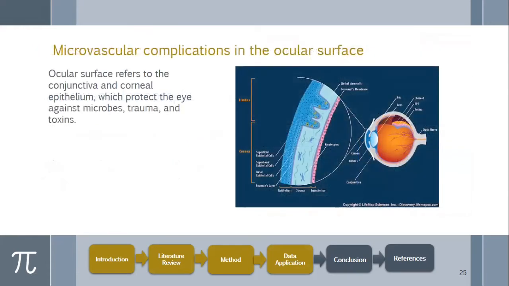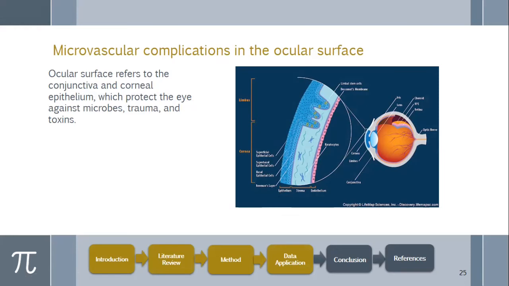Here we want to talk about the microvascular complications in the ocular surface. The ocular surface is an area that protects the eye against microbes, trauma, or anything. So this is the ocular surface.